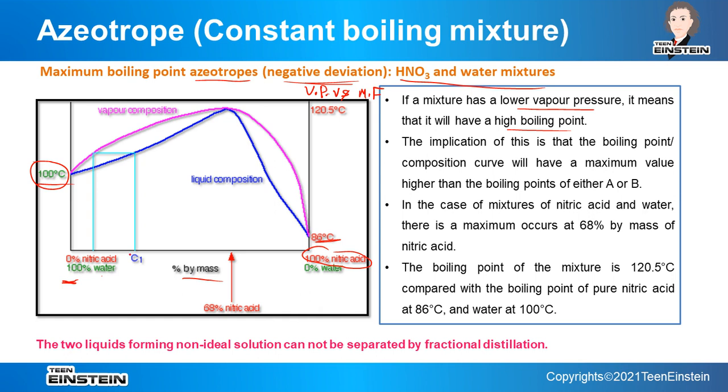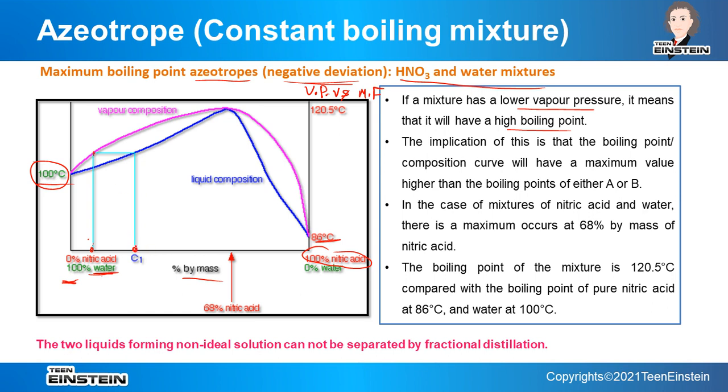Okay, and suppose we are moving from this line, so when we are here, that means more of water and less of nitric acid. Now when we are reaching at this point, the corresponding point in the vapor pressure is this. I have done wrong, we have to start from this point, not this one.